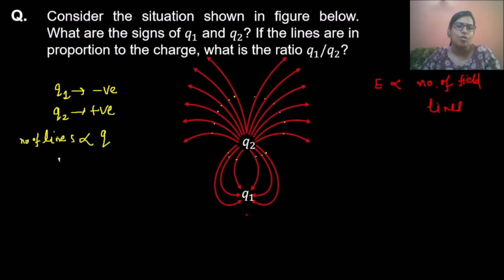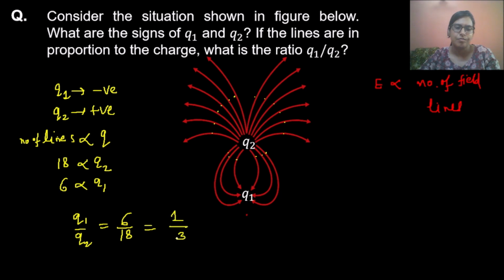So 18 is proportional to Q2, and the electric field lines ending at Q1 are 6. If we solve this, then Q1 by Q2 will be 6 by 18. So this will be the answer.